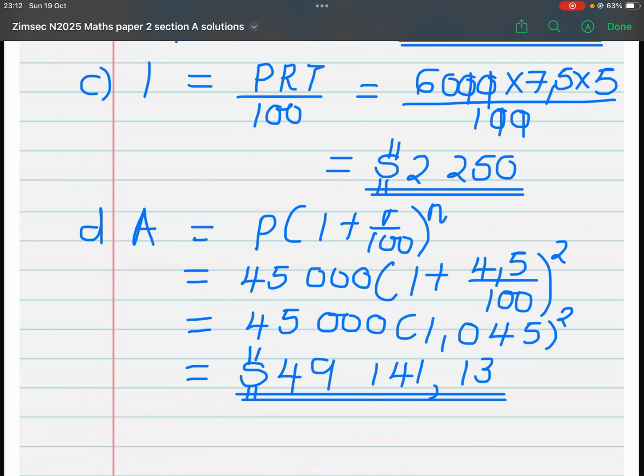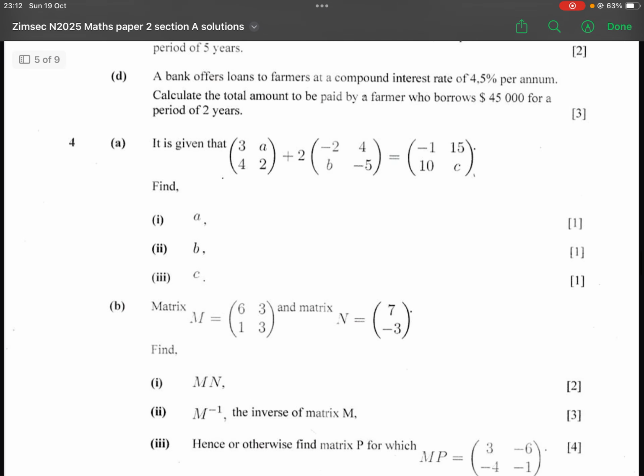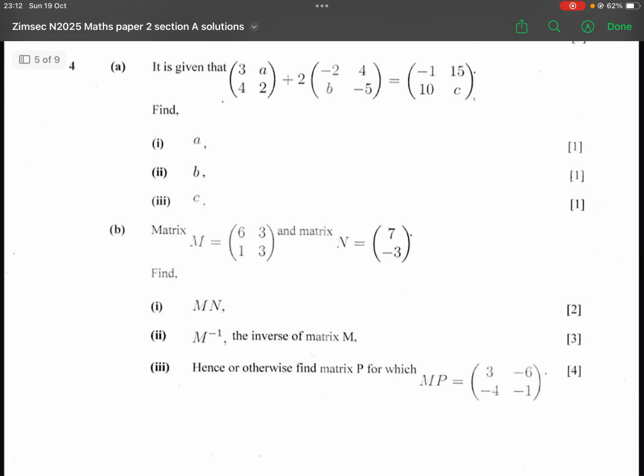We can now proceed to number 4. So number 4, it was a question on matrices. Number 4a, it is given that the matrix 3, 4, a, 2 plus 2, minus 2, b, 4, minus 5 is equal to the matrix minus 1, 10, 15, c. So we are required to find, on part 1, a.